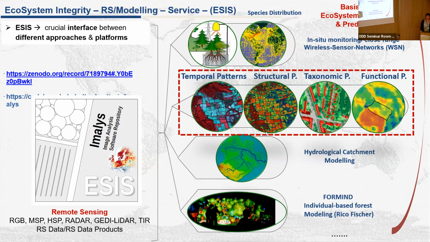In the future, we want to combine this ASIS approach with hydrological catchment modeling. We want to combine individual-based or agent-based modeling called FORMIND. And also we want to combine with in situ measurement and also with other databases.